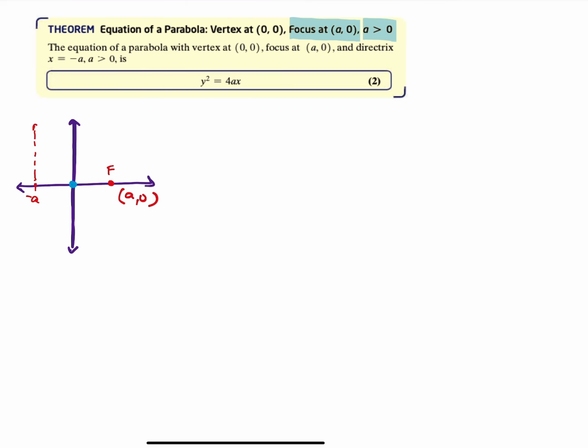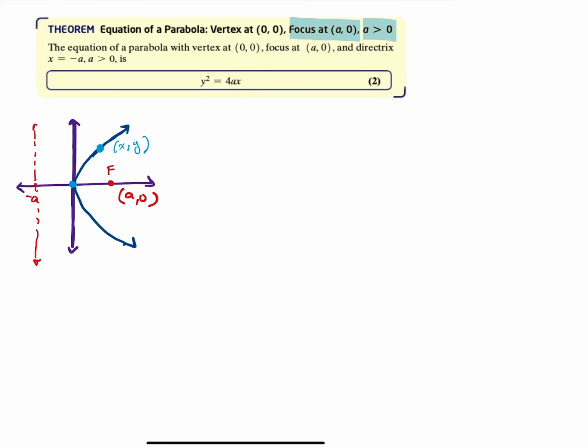So imagine some line over here. And that means that the parabola should open sideways towards the focus in this direction. Just a rough sketch. And we can imagine some random point on here, x comma y.